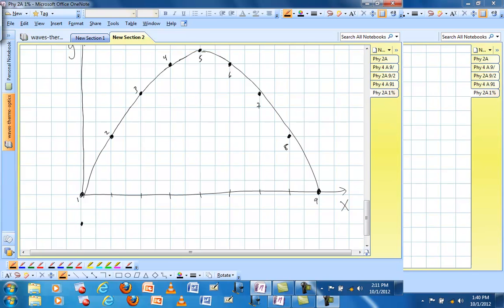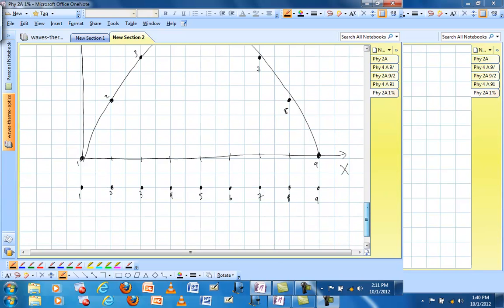The first dot would be right there. The second dot, over here. The third one, the fourth one. So these dots are representing motion in the x direction.